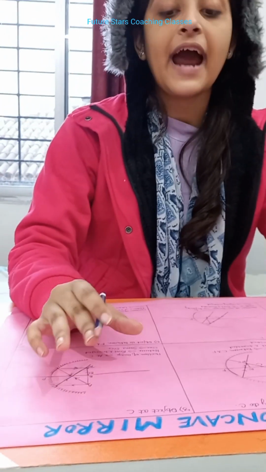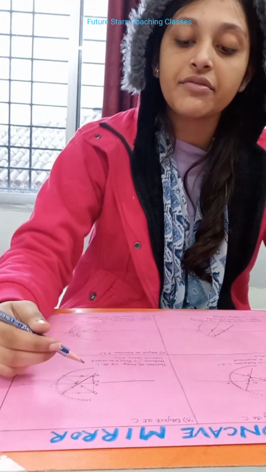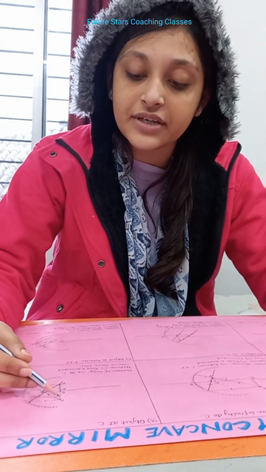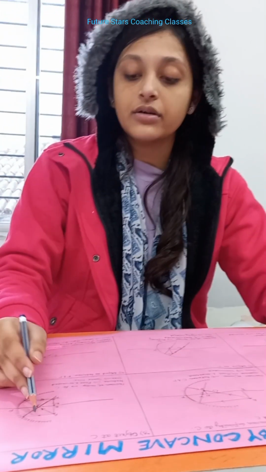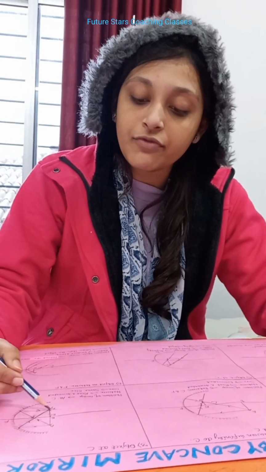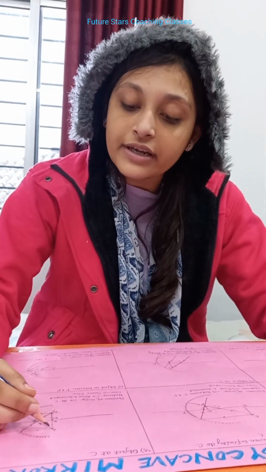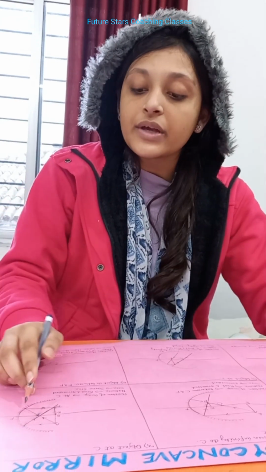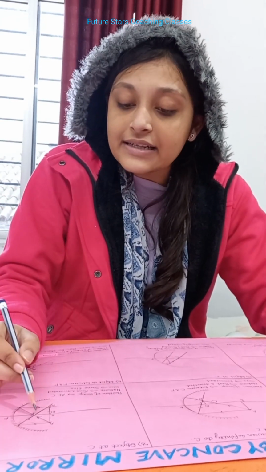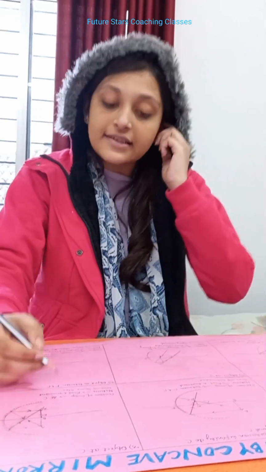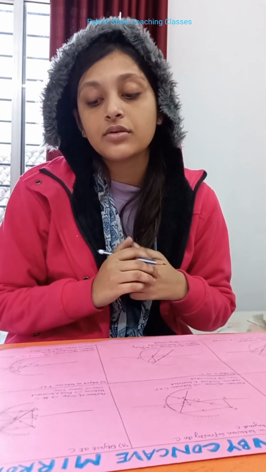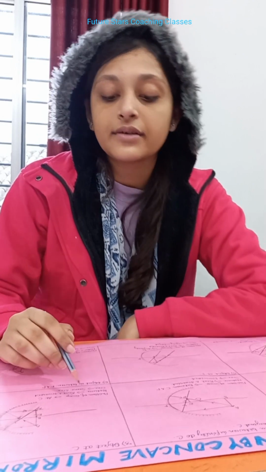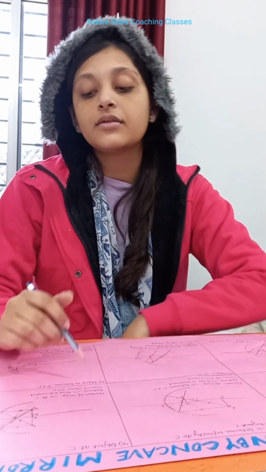The third case is keeping the object at C, the center of curvature. We take a parallel line, and it cuts through the focus, and another from the focus. The lines cut over here. When a line passes parallel to the principal axis, it will cut through the focus, and when it passes through the focus, it will become parallel to the principal axis.